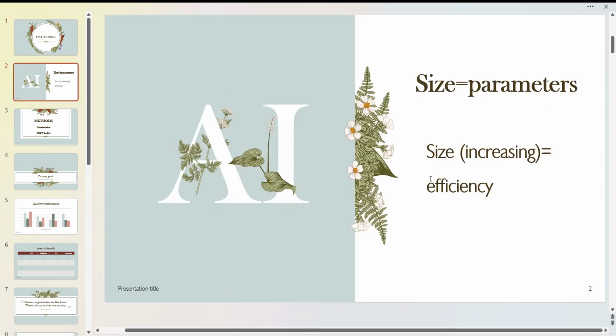Now, understanding it, the size of any model depends upon the number of parameters it has, and size is directly proportional to efficiency and is also directly proportional to the cost of running a model. So the bigger the size, the greater the efficiency, because it was trained on multiple factors, on billions of parameters.